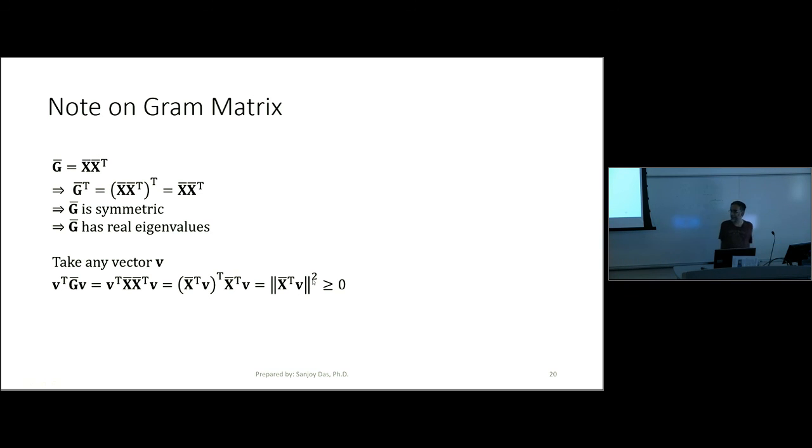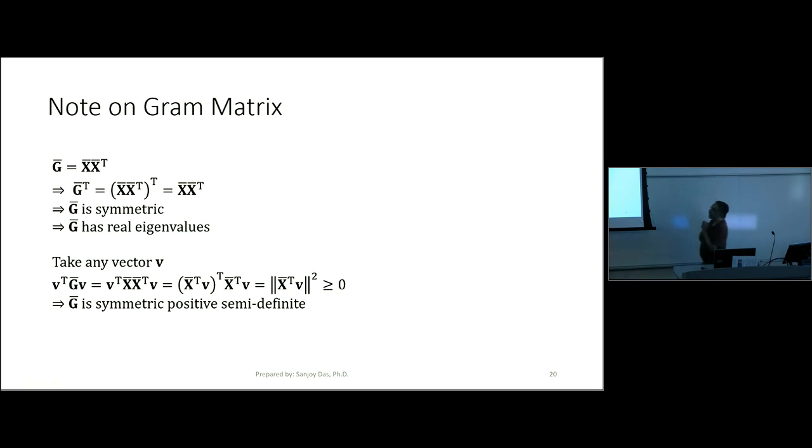And since it is a square, it's always greater than or equal to 0. So G is symmetric positive semi-definite, because it's possible to get all zeros.